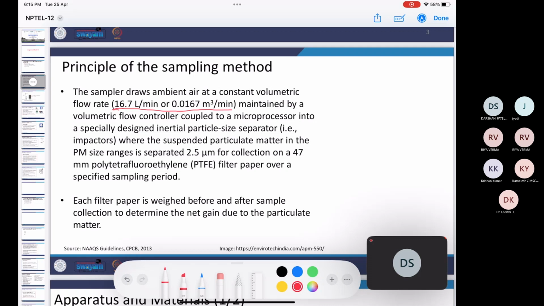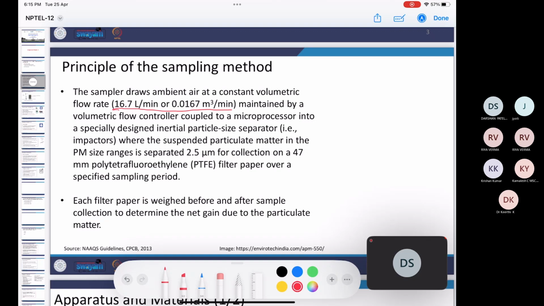And this rate is maintained by a volumetric flow controller, which is coupled to a microprocessor into a specially designed inertial particle size separator, that is impactors. And here, what happens is the suspended particulate matter in the PM size range is separated at 2.5 microns for collection on a 47 mm PTFE filter paper.